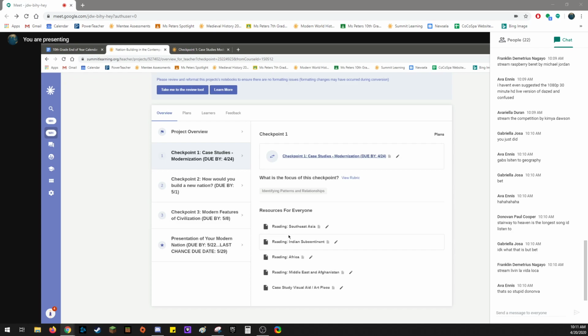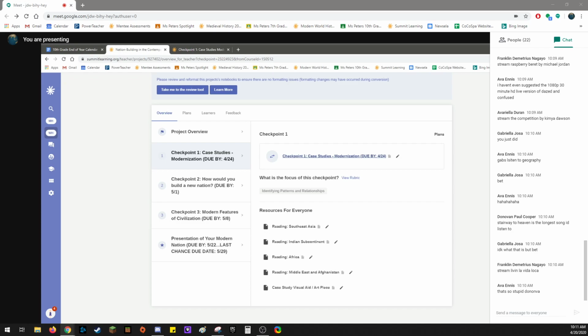From the readings, you just have to pick two of the countries any of the readings talk about. So you could read from Southeast Asia, and you could read from Africa, and you could pick one country from each, or you could just read from Africa and pick two countries from Africa. Doesn't really matter how you go about it. I just want you to focus on picking two out of all of those.